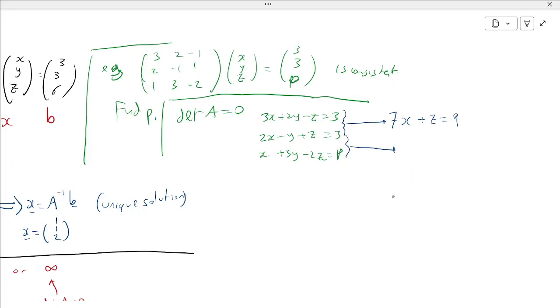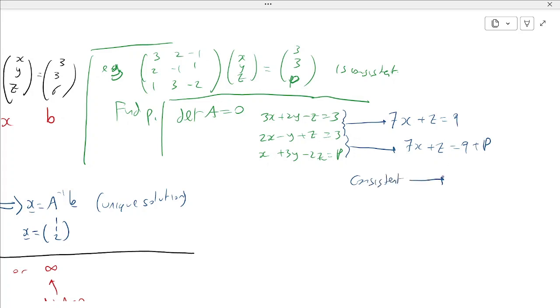And 3 times the middle equation plus the bottom equation will give me 7x plus z equals, what's that? 3 times this one plus that one, 9 plus p. And because I know it's consistent, I know the equations have to say the exact same thing.